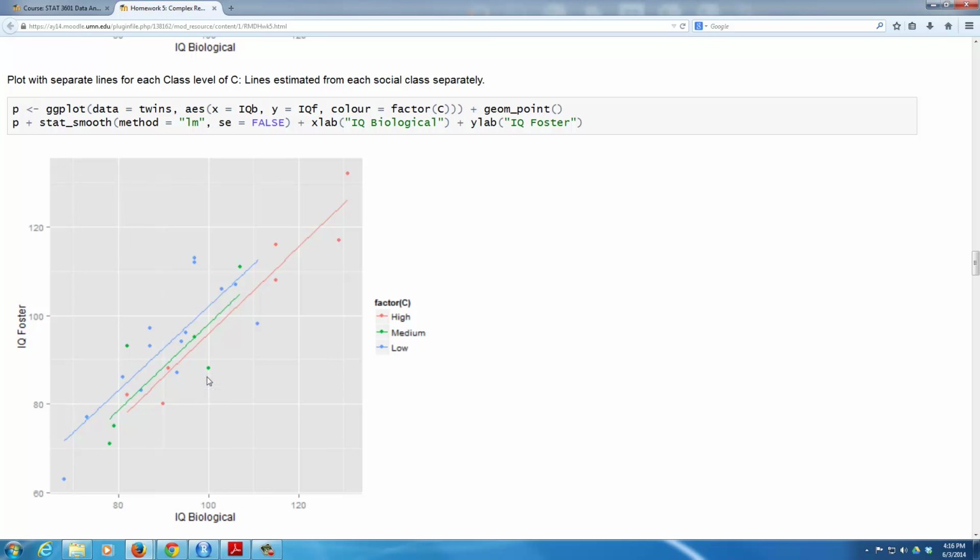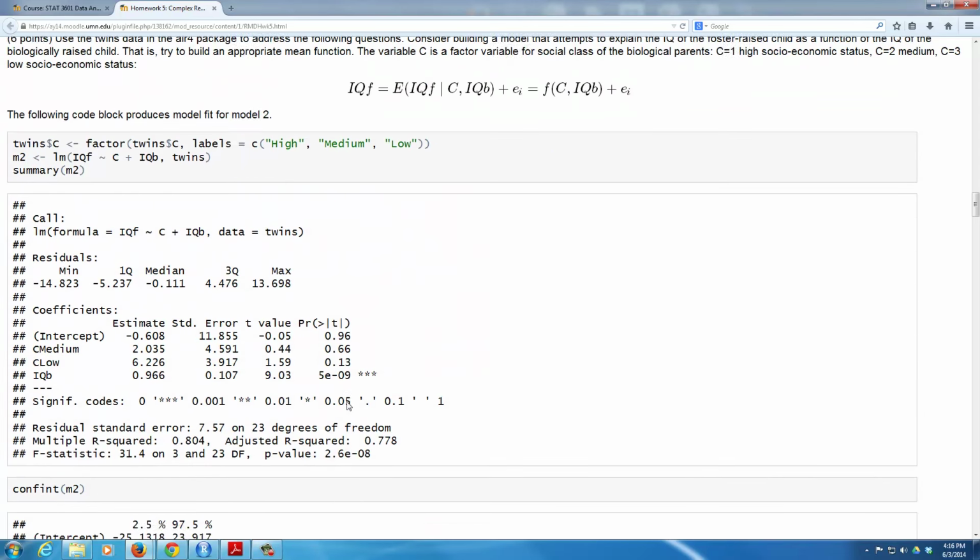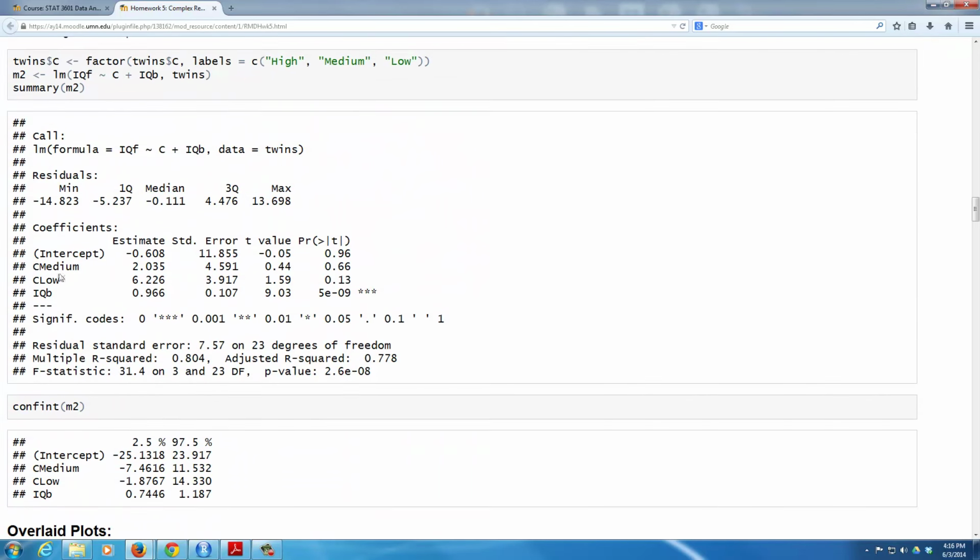And the question is, what is the model and how do we interpret the model for this kind of structure? And so we have our estimated main effects model right here. We have adjustments to the intercepts of the different lines with the medium and the low coefficient adjustments. And we have a slope for the IQ quantitative predictor.